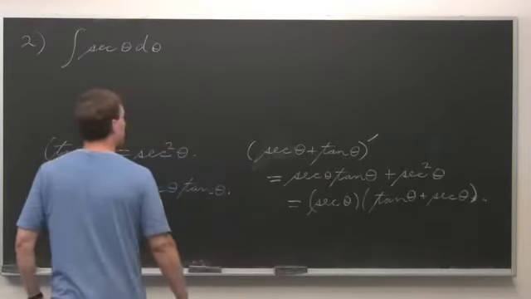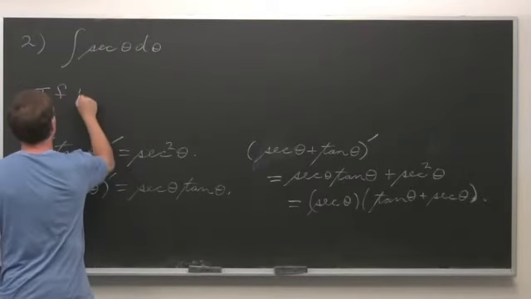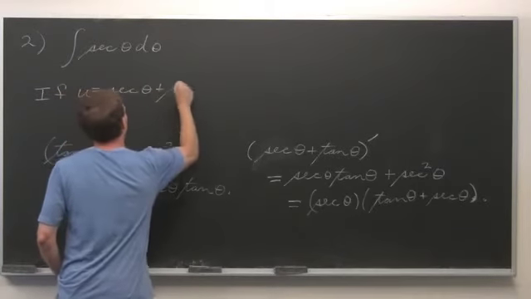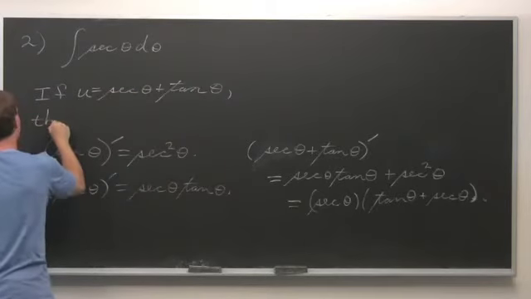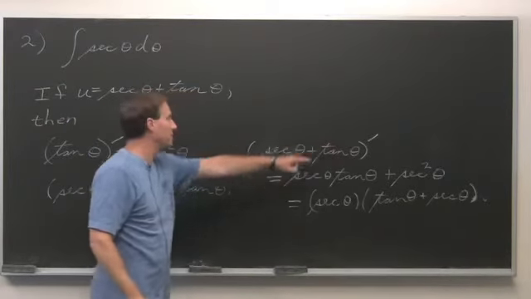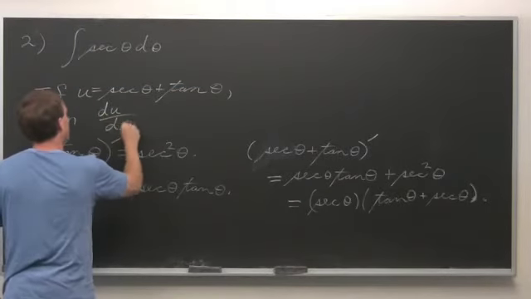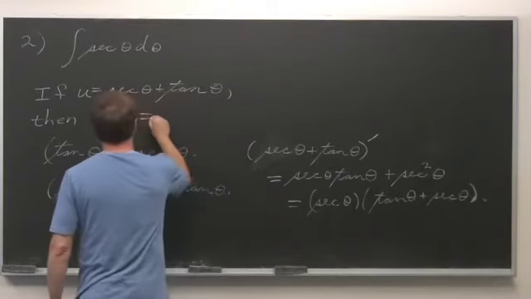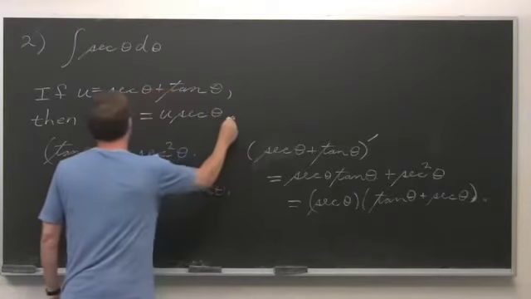It shows that if u is secant theta plus tan theta, then its derivative, that means with respect to theta, so then du d theta equals secant theta times u, or I'll write u times secant of theta, just to save myself some parentheses.